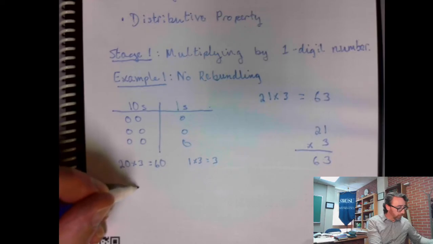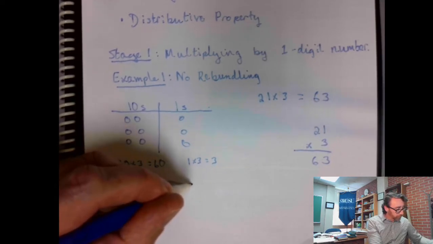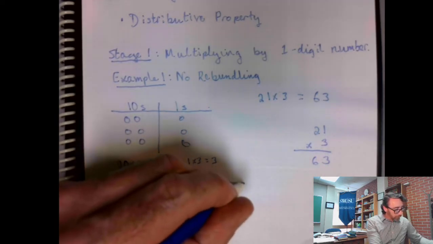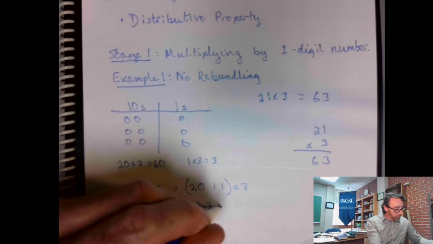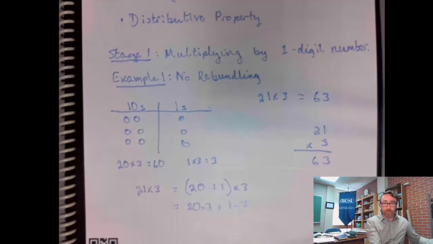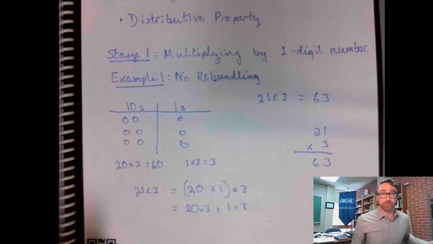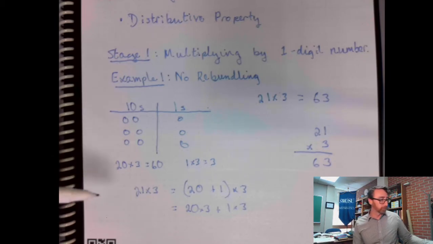In other words, 21 times 3 is 20 plus 1 times 3, which we would distribute: 20 times 3, 1 times 3. So the distributive rule is there in the background. This is a starting example which doesn't involve any rebundling.